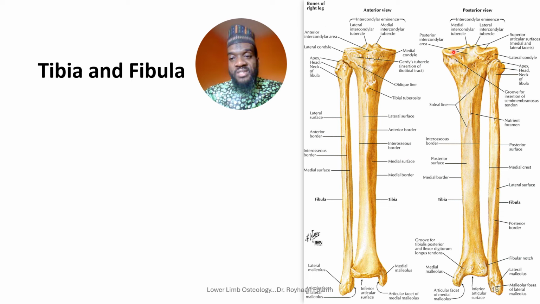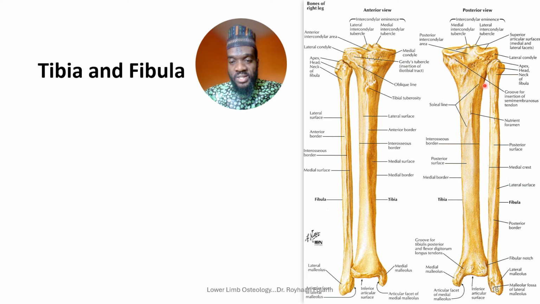So here are the superior articular surfaces or facets of the tibia, having the medial and lateral facet, and then here is the inferior. We can see again the lateral condyle and then the medial condyle here. This medial condyle has, posterior to it, the groove for the insertion of the semimembranosus tendon.